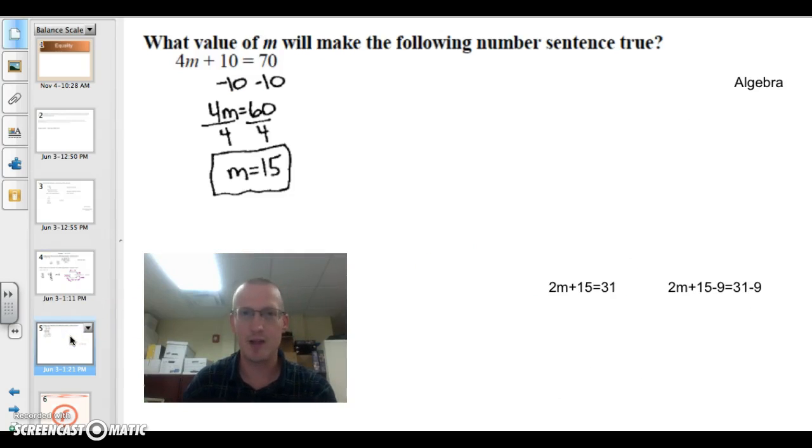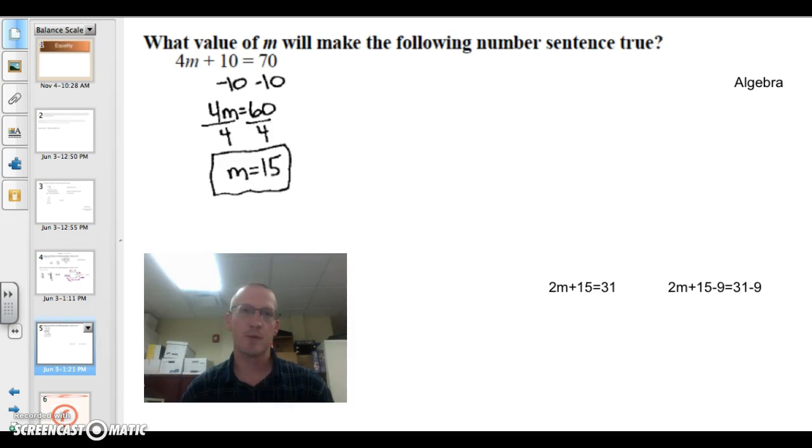Another strategy that you will see in the Knuth articles is: what value of m will make the following number sentence true? And this is that algebraic thinking, where it's not just a rule, we want to know what is happening with those rules. So if you subtract 10 on both sides, why are we doing that? And then divide both. Both are just different strategies.